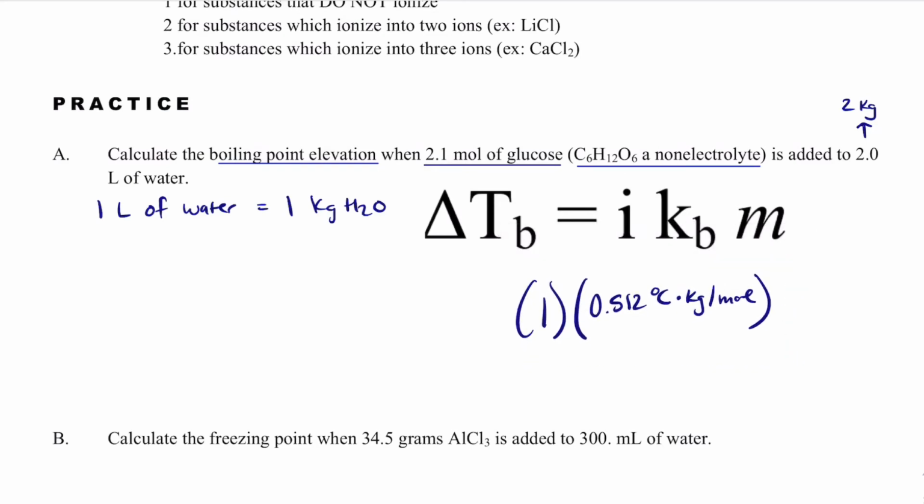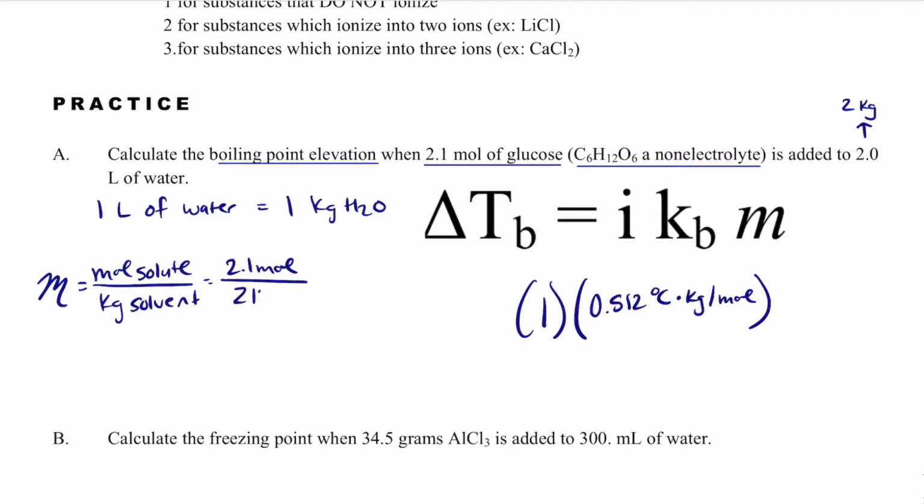Okay, so molality, italicized m, equals moles of solute divided by kilograms of solvent. So we have 2.1 moles of solute, which is glucose, and we're dividing it by the kilograms of solvent. Water is our solvent.